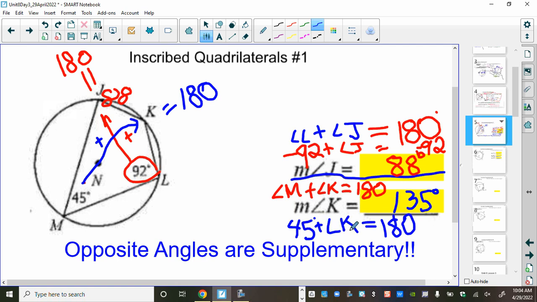So 45 plus angle K is 180, so angle K has to be 135. Basically, supplementary angles add up to 180.